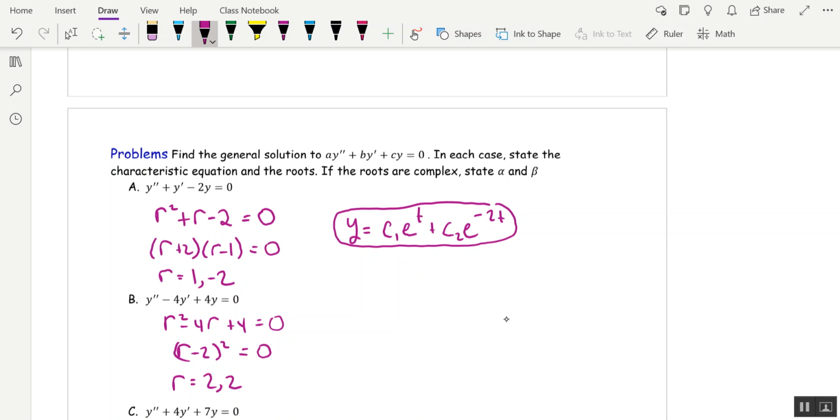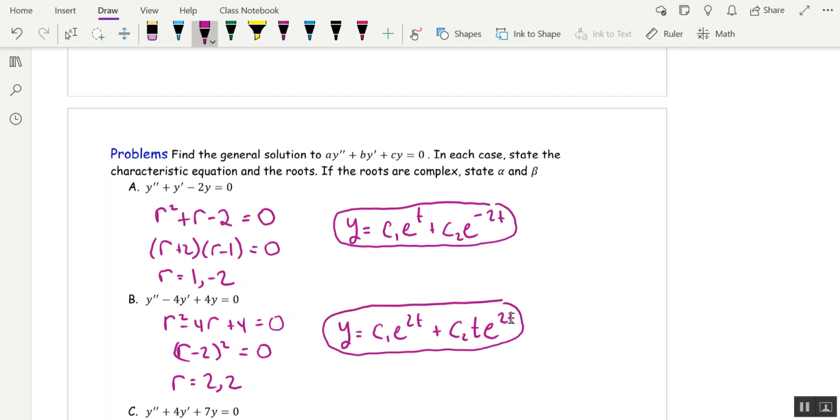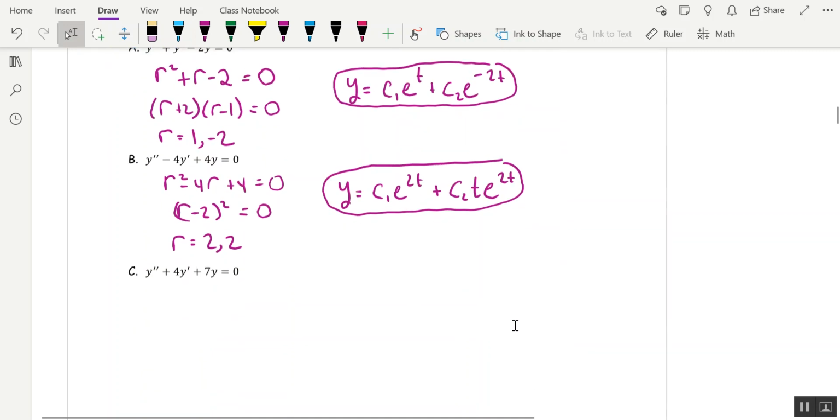And so in this case, my general solution, this is the second case, c1 e to the 2t, and then I multiply by t, c2 t e to the 2t. Okay, next one's going to be complex.